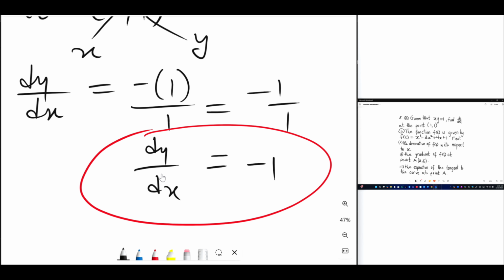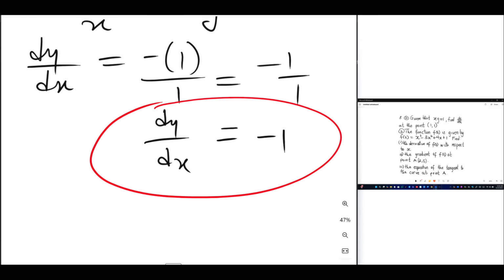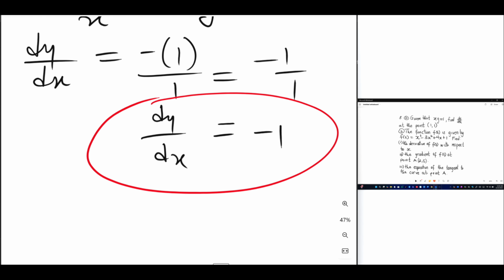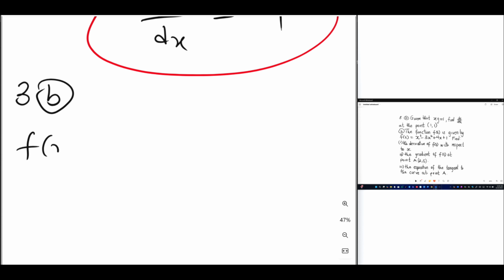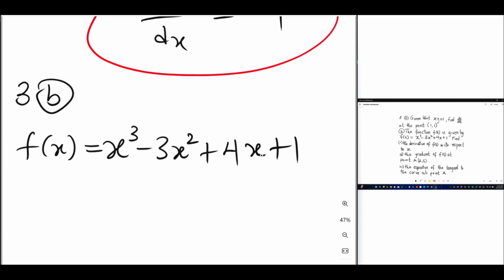All right, let us look at 3b. 3b says that a function f of x is given as x cubed minus 3x squared plus 4x plus 1.